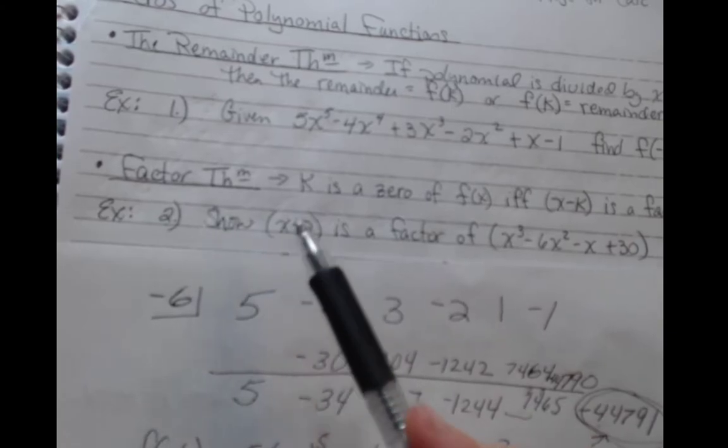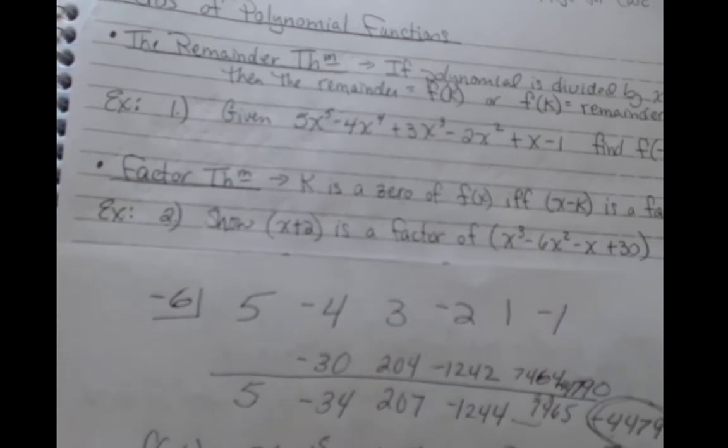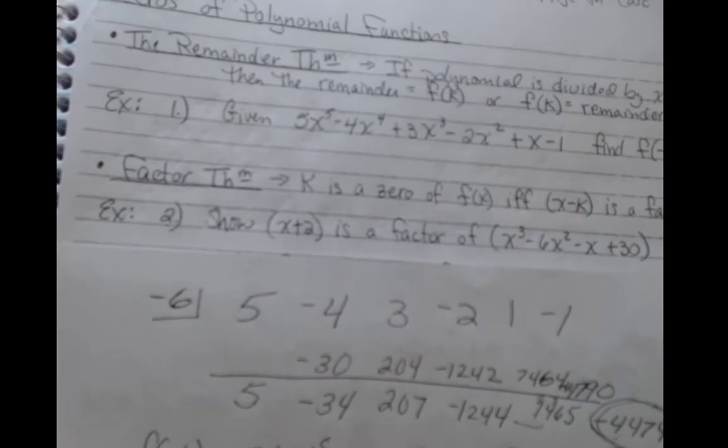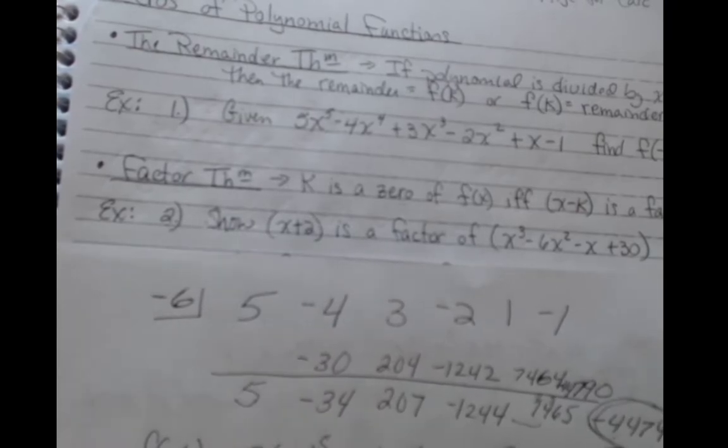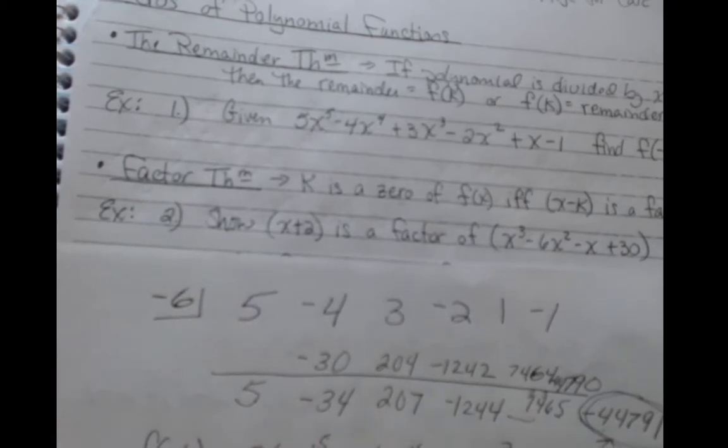Okay? Remember when we had quadratics like x minus 2 and x plus 3? Those were factors, and when we had those factors, then the factors produce zeros. And this factor theorem says if x minus 2 is a factor, then x equals 2 is a 0.